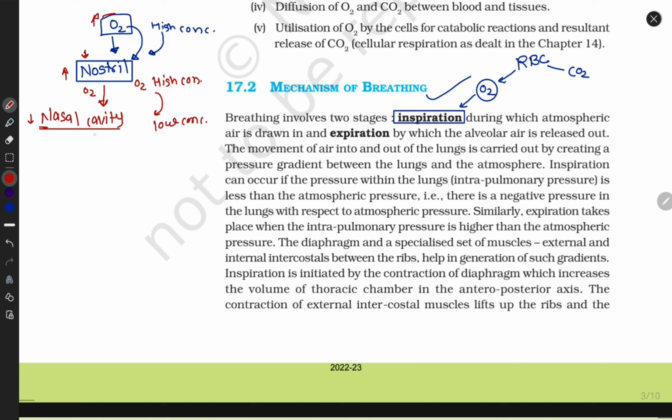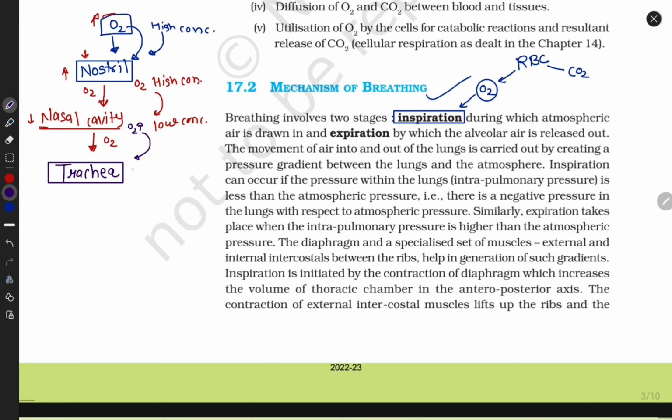Understand, guys? Now through the nasal cavity, where does oxygen pass towards? Pharynx, then trachea. Now oxygen enters the trachea, because the oxygen level is high in the nasal cavity and oxygen moves from high concentration to lower concentration.